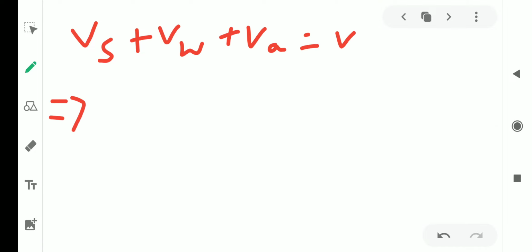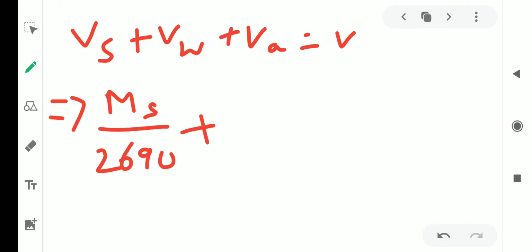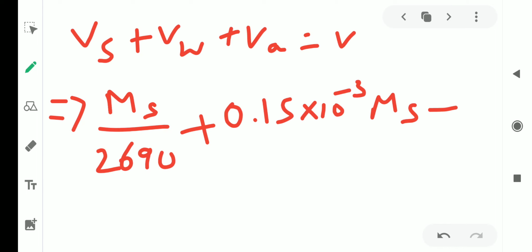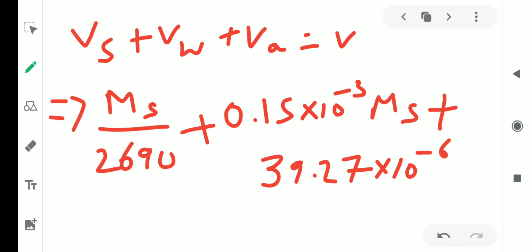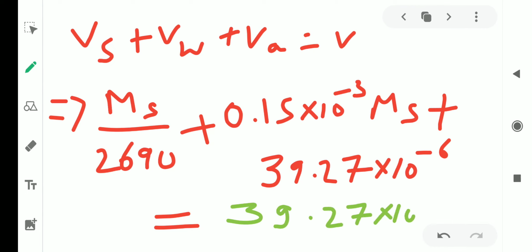Volume of solids we have obtained as Ms upon 2690, plus volume of water 0.15 into 10 to power minus 3 Ms, plus volume of air 39.27 into 10 to power minus 6, and all this should be equal to total volume, that is the volume of the sample, 196.35 into 10 to power minus 6.